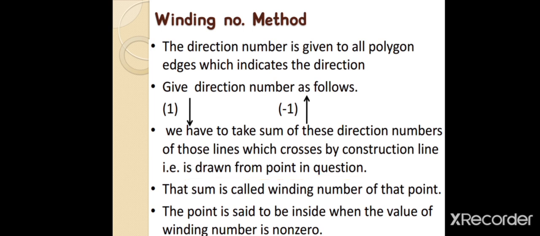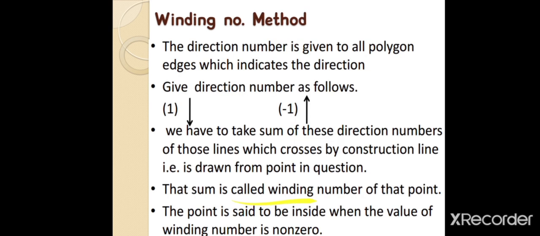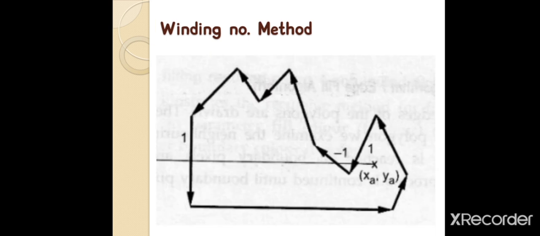So the sum is called the winding number of that point. The point is said to be inside when the value of the winding number is non-zero. Means what? When we are having the winding number answer as 0, the point is outside, otherwise it is inside. So let us take an example.